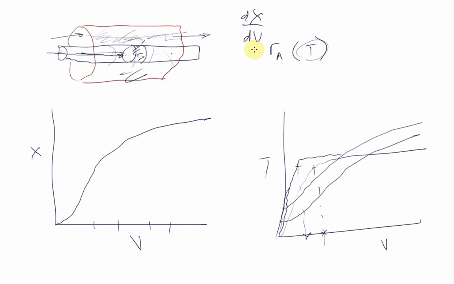So the integration variable is that volume. So what we need to do in accounting for this area is write this area in terms of that volume. So we define that small a that you see in the notes as being the area per volume, so you can say that's dA dV.